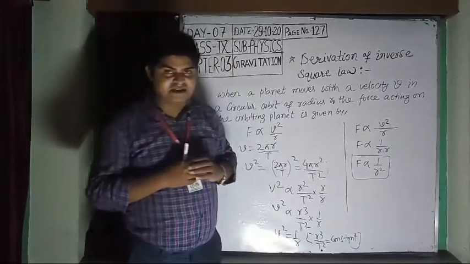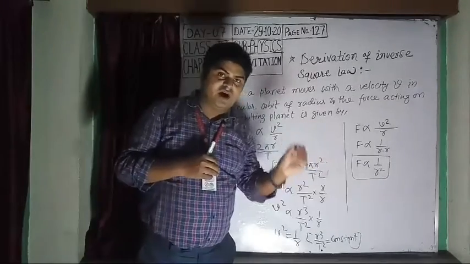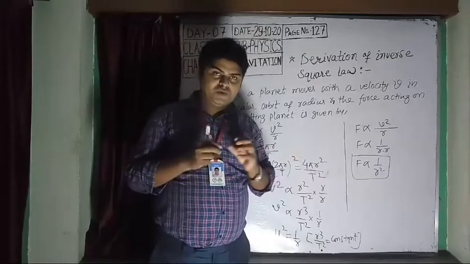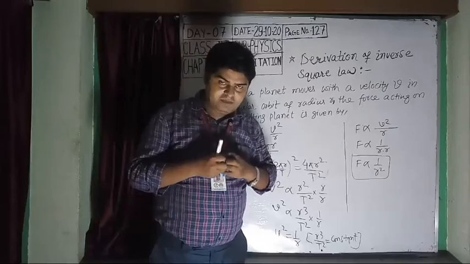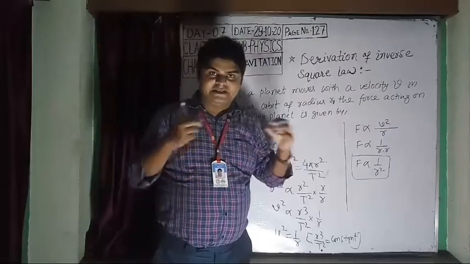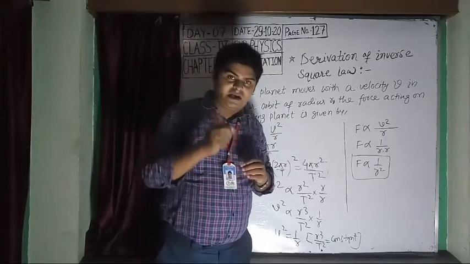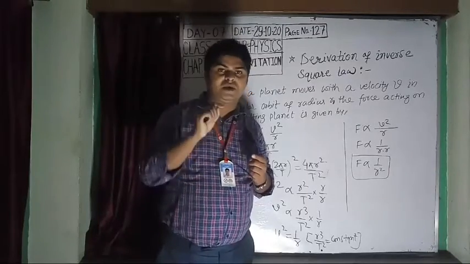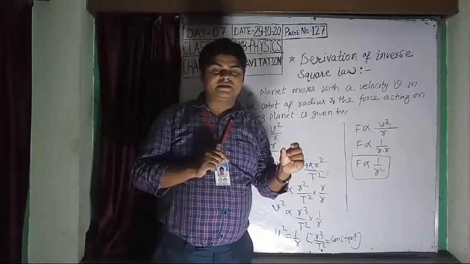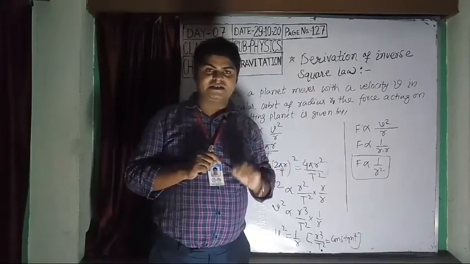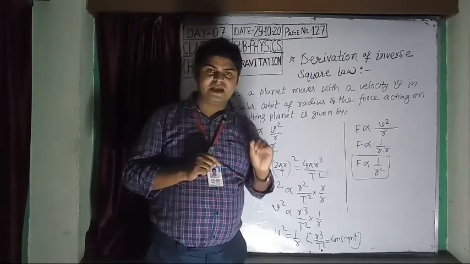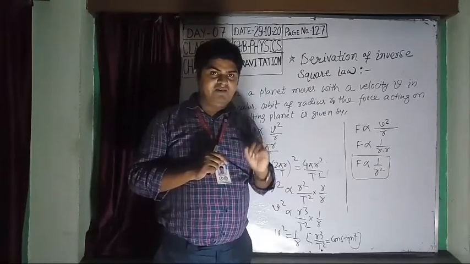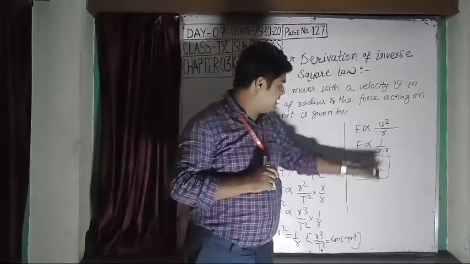It states that when two objects are separated by a distance r, the gravitational force is inversely proportional to the square of the distance between them. That means F is inversely proportional to r square, F proportional to 1 by r square.